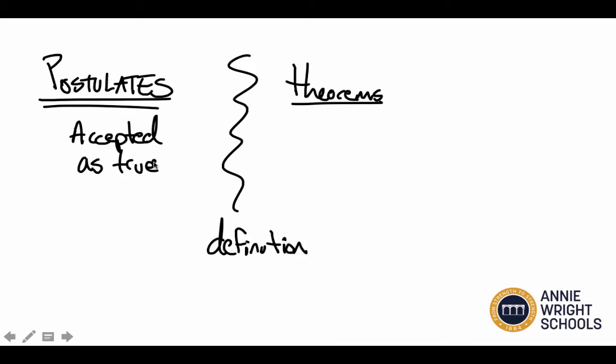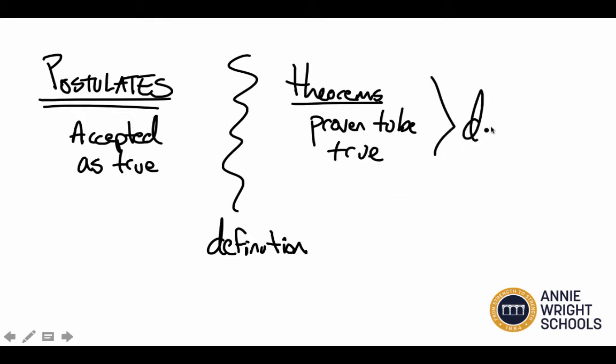So we try to not do postulates or theorems, but with definitions, we just try to say what something is. We use postulates and definitions to prove theorems. These are proven to be true. We prove them to be true using deductive reasoning. Often, we feel postulates are true using inductive reasoning.